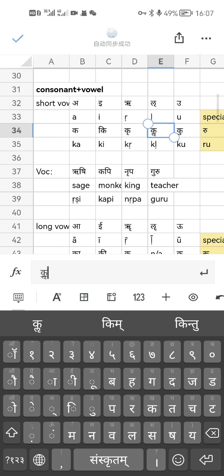Ku. The last one is k and u, so it's ku, ku. We also use the ka letter, and then we put a lying down 6. We can say that. So with this sign, it's ku, ku.